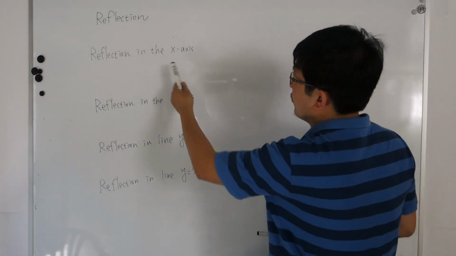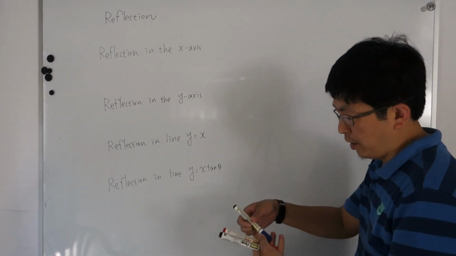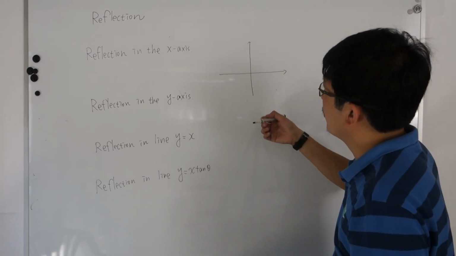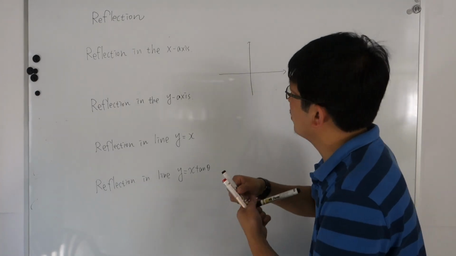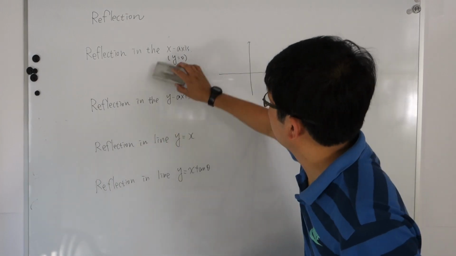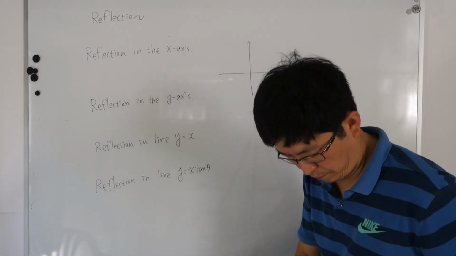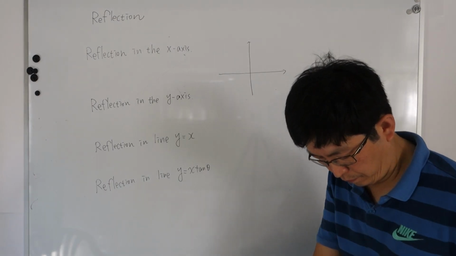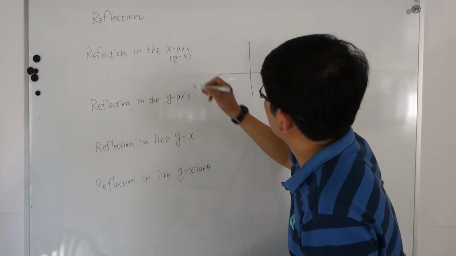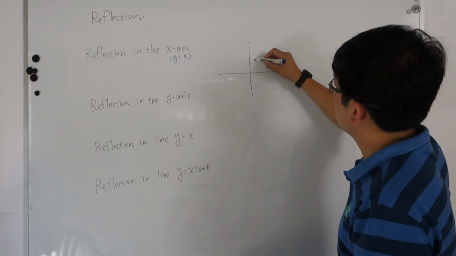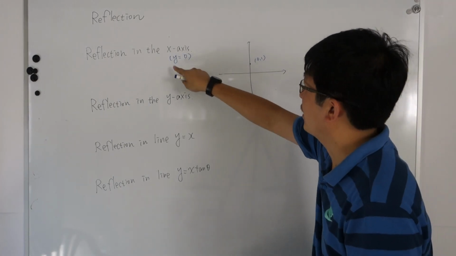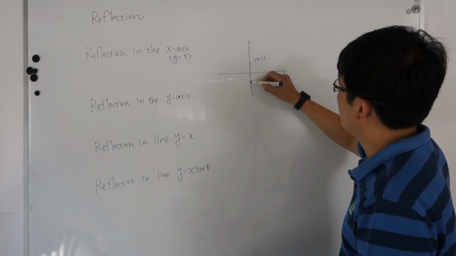What does it mean, the reflection in the x-axis? If you are on the Cartesian plane, the x-axis means the line is y equal to 0. It means if we have a point here, called (0, 1), the original point, the reflection in the x-axis will map to here.